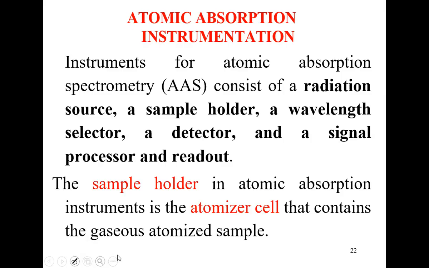That's the flame. That's where you put your atoms. Like in UV, where you put your sample in a cuvette, or in IR, where you can either put it in a solid cell or mix it with a KBr pellet, right? The sample holder in an atomic absorption instrument is the atomizer cell and contains the gaseous atomized sample.